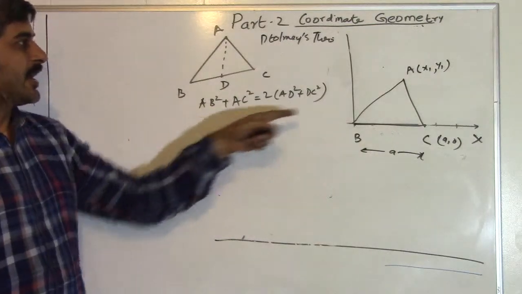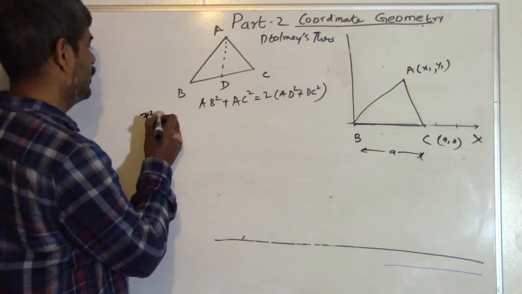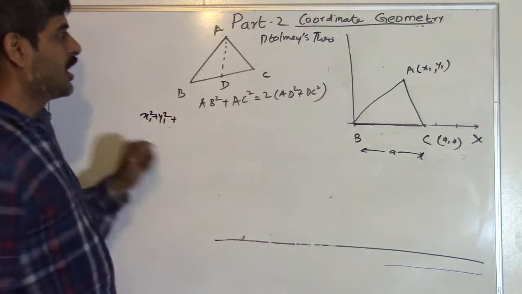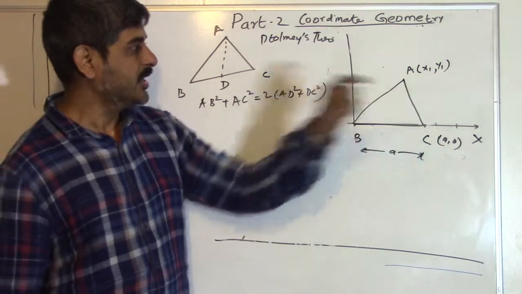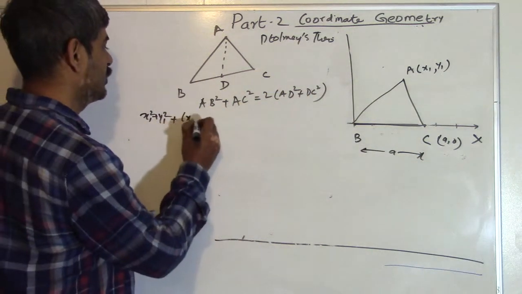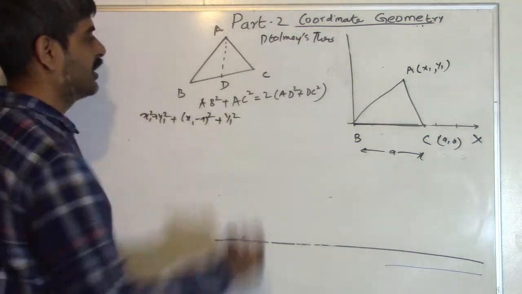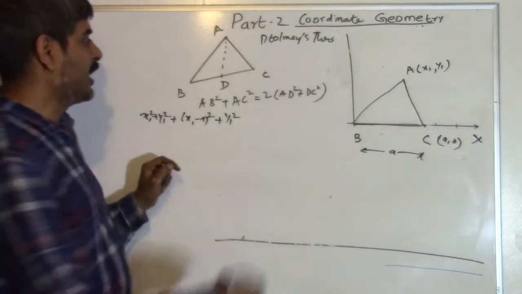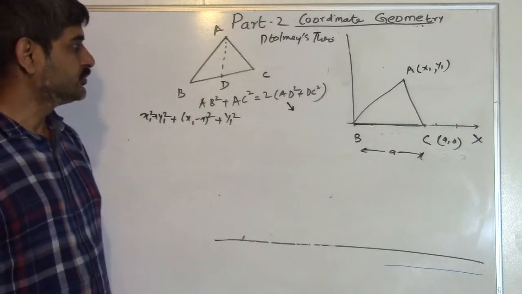So on the left hand side we have the length of AB square is x1 square plus y1 square, and length of AC square will be x1 minus a whole square plus y1 square. This is our left hand side. And if we can make this equal to the right hand side, our problem will be solved.